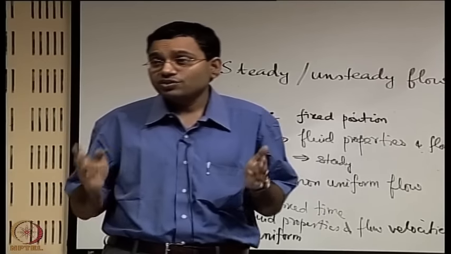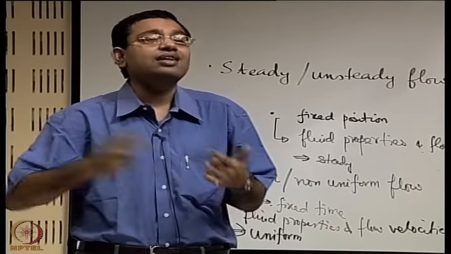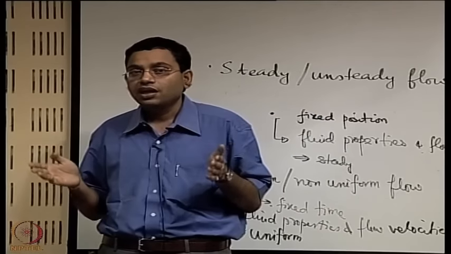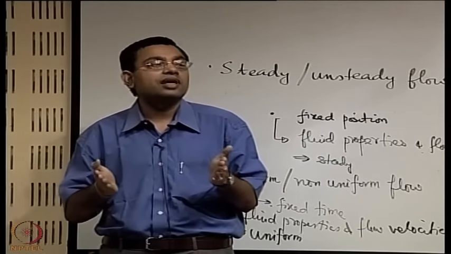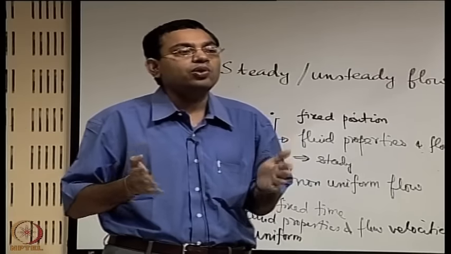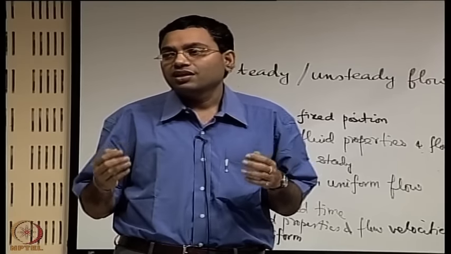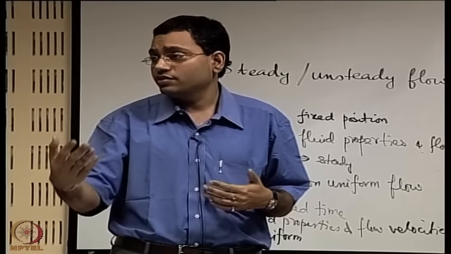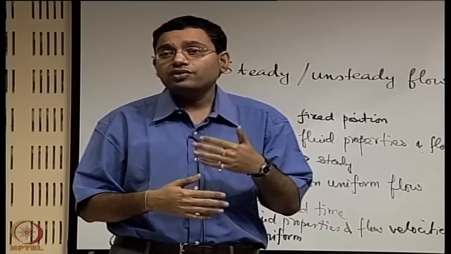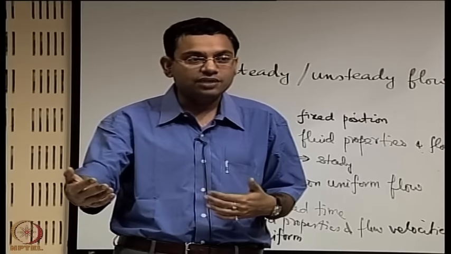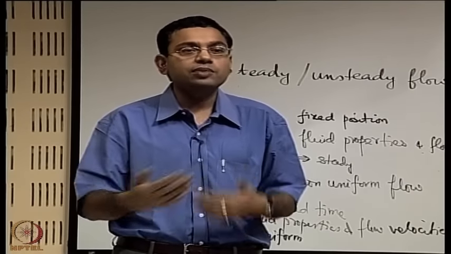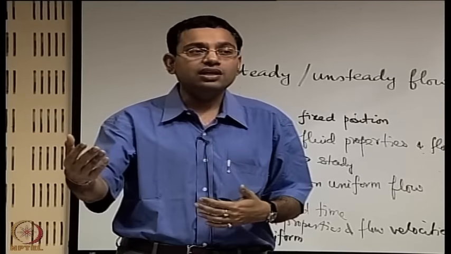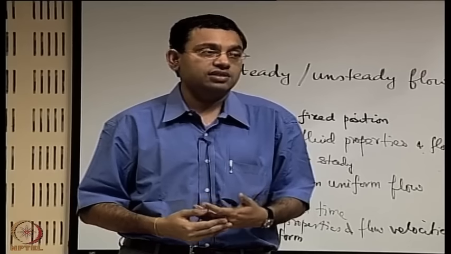So these were two special reference frames, one is a fixed reference frame just like the bridge, another is a reference frame that is moving with a boat, moving at constant velocity. And you can see that with respect to the reference frame moving at a constant velocity, it is possible to analyze a flow which is otherwise unsteady in terms of a steady concept.